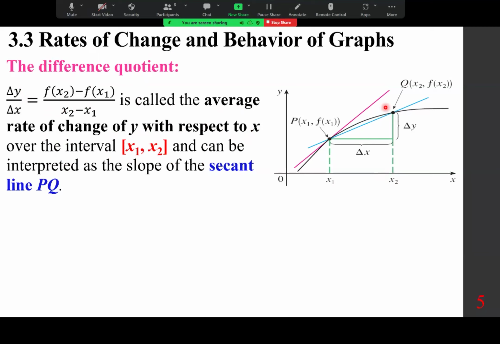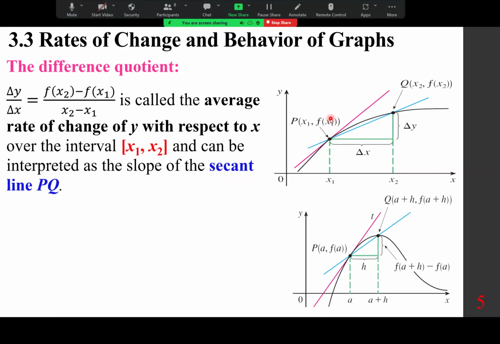If you look at this curve, if you pick any 2 points and connect them, it gives rise to a blue line known as a secant line. Delta x, or x2 minus x1, represents the run. Delta y, or f of x2 minus f of x1, represents the rise.